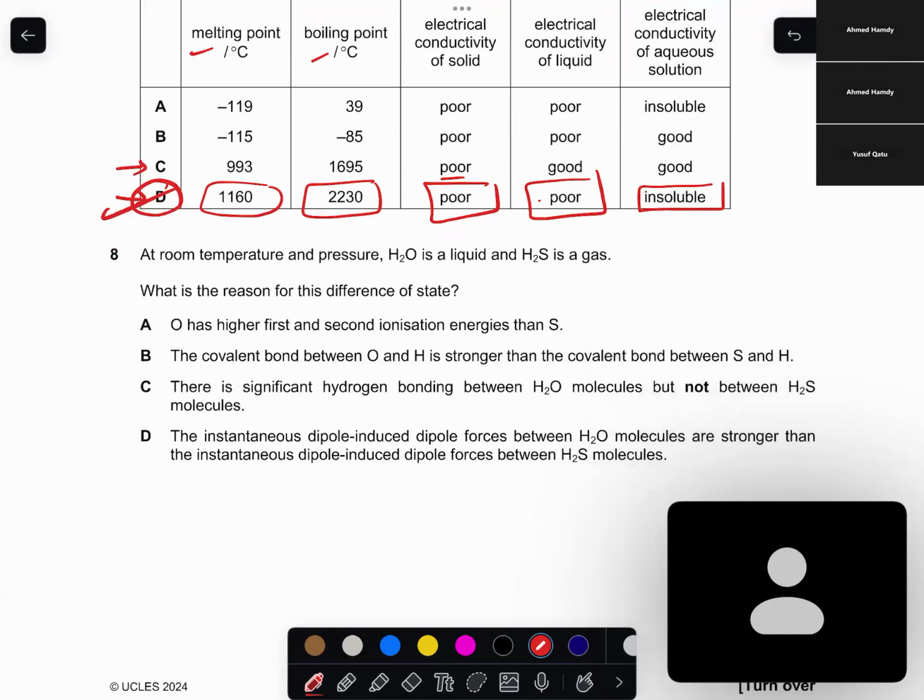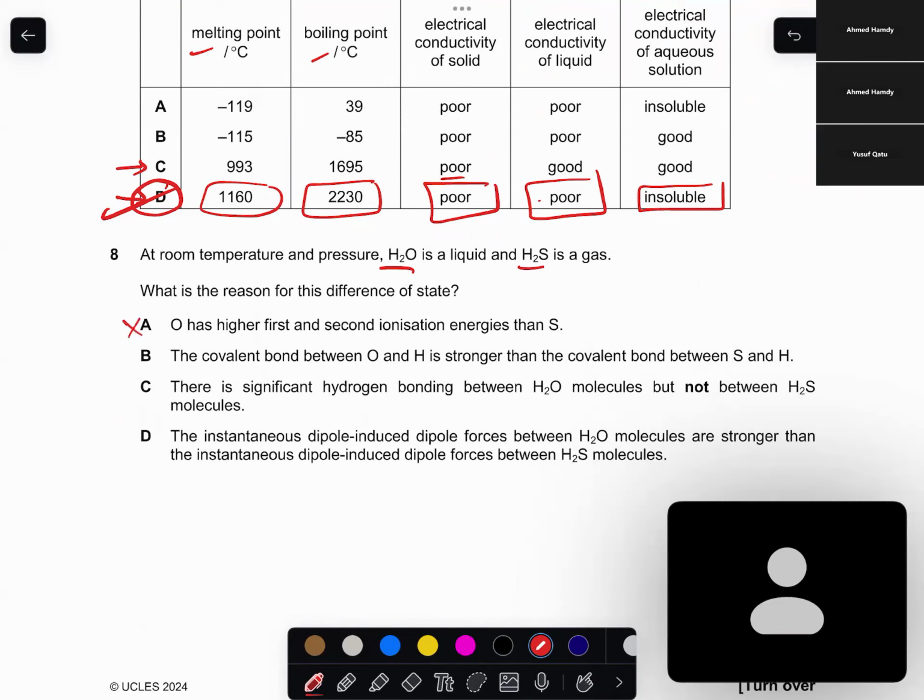Okay, at room temperature and pressure, H2O is liquid and H2S is gas. Both of them are covalent. What's the reason for the difference in the state? Oxygen has higher first and second ionization energy than sulfur. Is this the reason why this one is liquid and this one is gas?